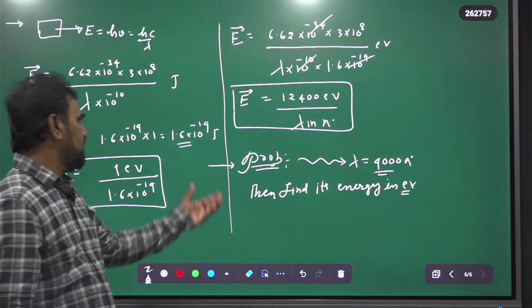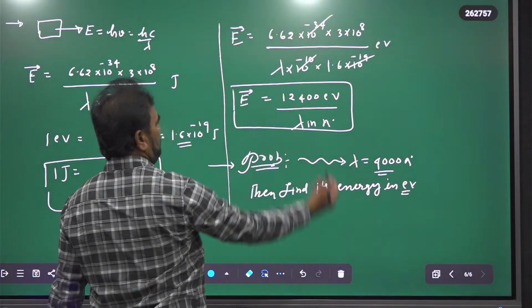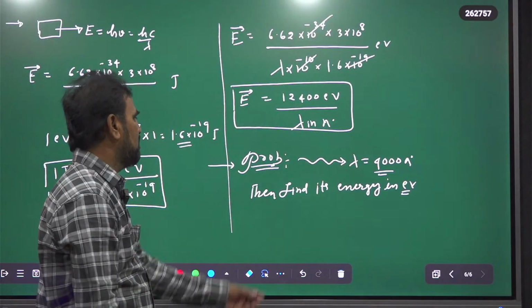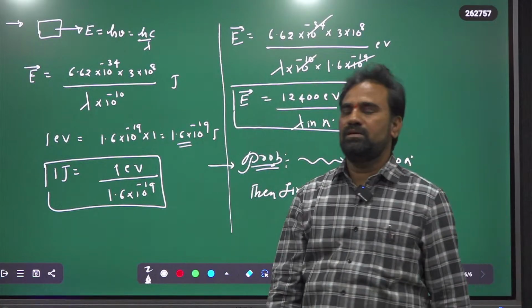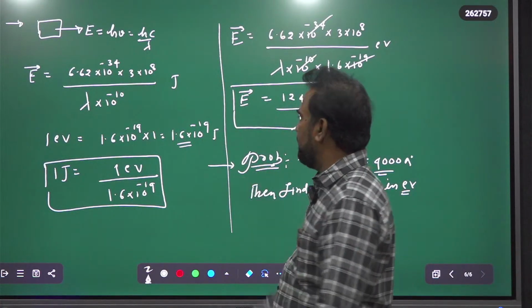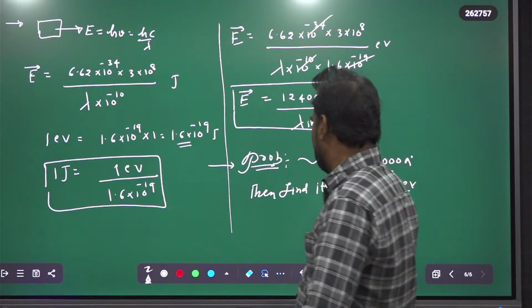How can you calculate? See here, the E value was given 12,400 electron volts and lambda was given in angstroms, that is equal to 4,000 angstroms. Now we have to calculate the energy of the photon in electron volts.